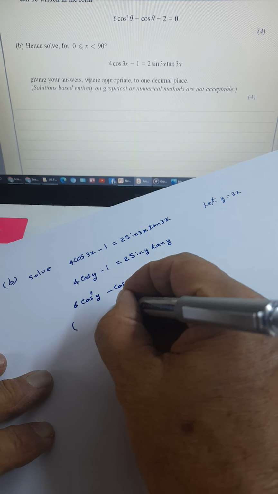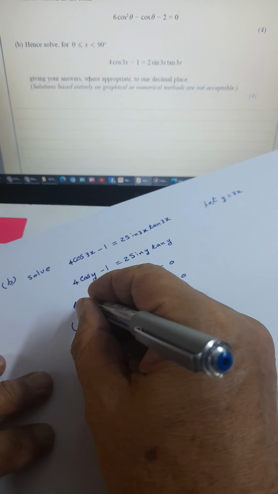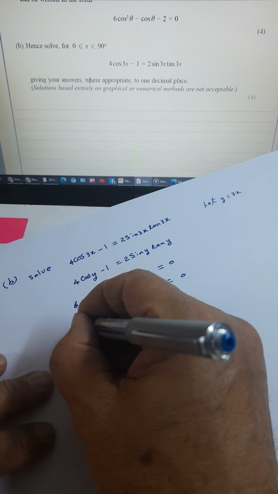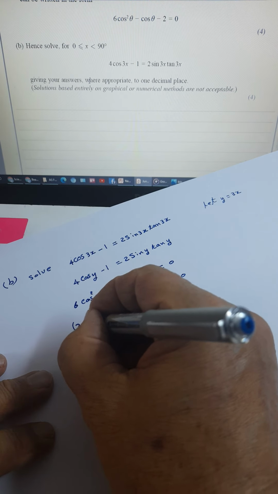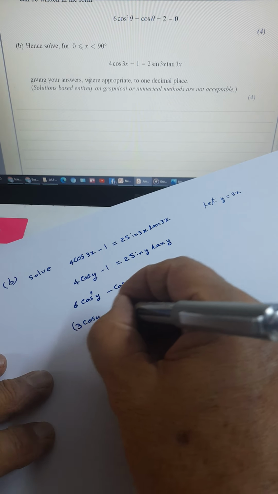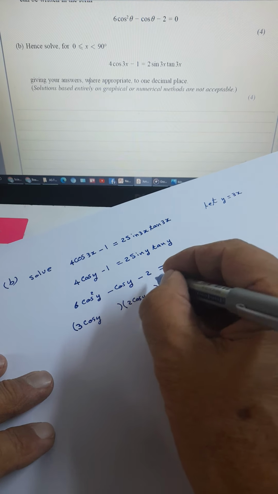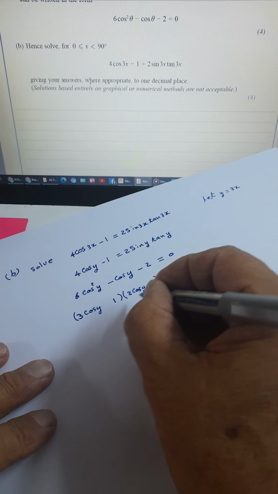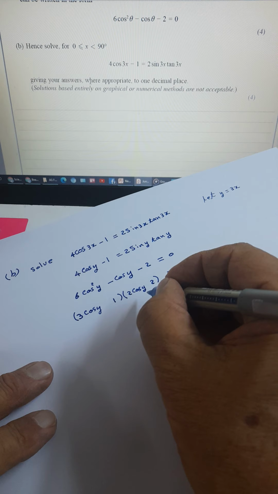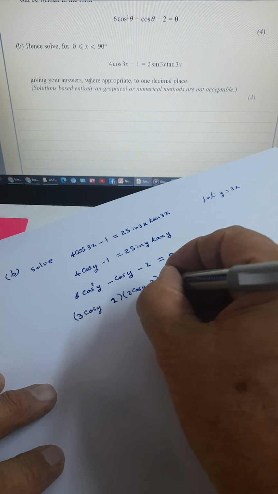Factorizing, now the 6, its factors are 3 and 2, and cosine y by cosine y, and the factors of 2 are 2 and 1.